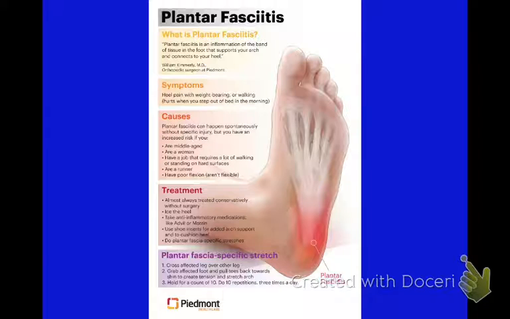Don't always wear the same pair of shoes day after day. Make sure your shoes have arch supports. Know your feet. Some of you have really high arches, but shoes have kind of a middle arch. So if you have a high arch, you're going to get plantar fasciitis because your arch isn't being supported. And again, women get this more often than men.